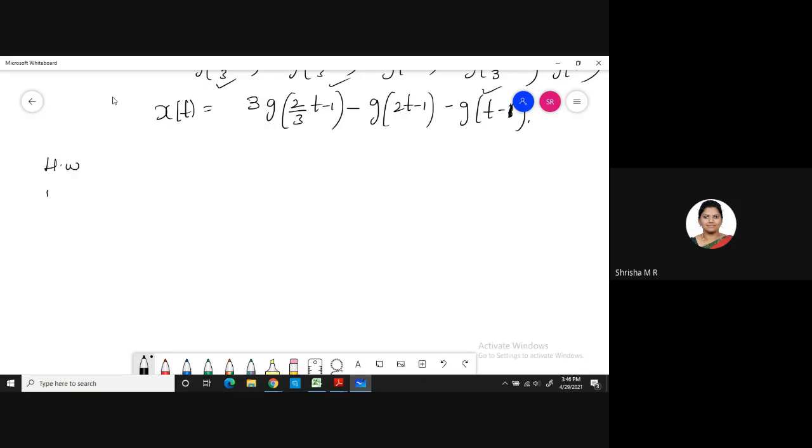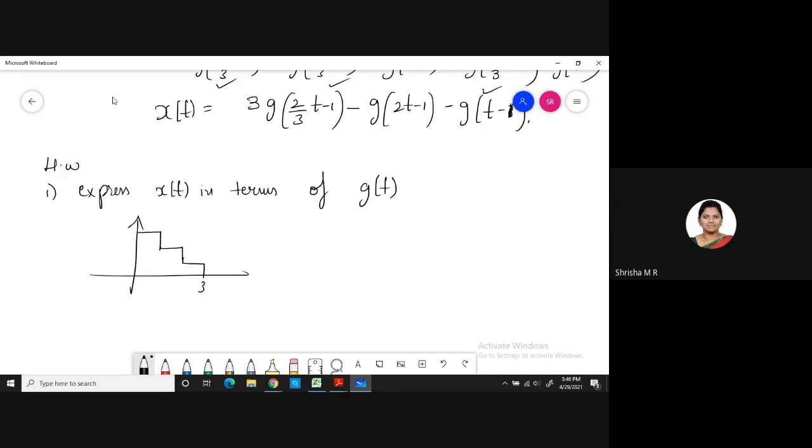Homework problem. Express x of t in terms of g of t. Okay, so here x of t is similar. It is 3, 2 and 1.